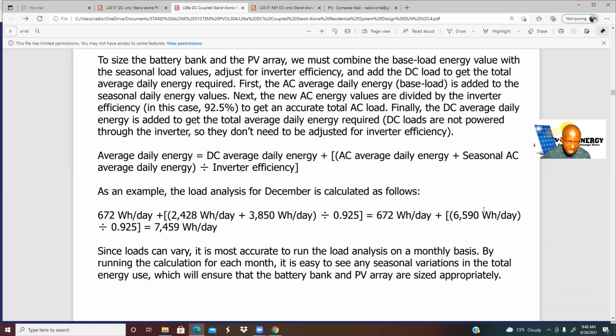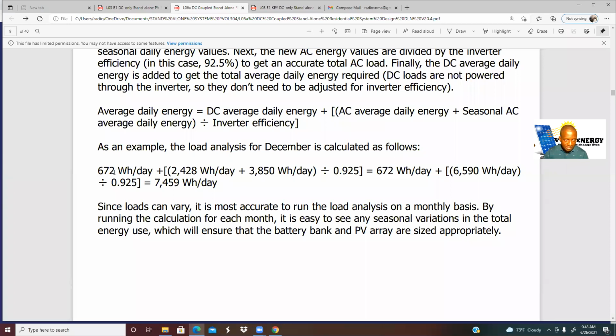The average daily energy equals DC average daily energy plus AC average daily energy plus seasonal average daily energy divided by inverter efficiency. As an example, the load analysis is calculated as follows: 672 watt hours plus 2,428 watt hours daily plus 3,850 watt hours daily divided by the inverter efficiency of 0.925.